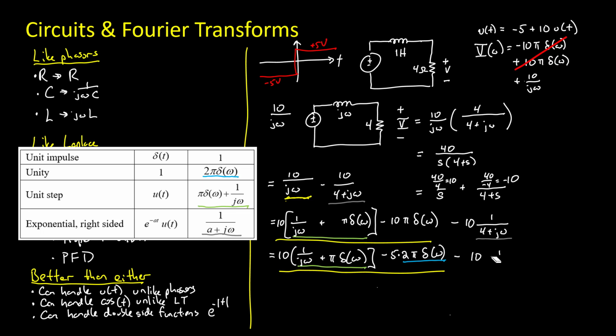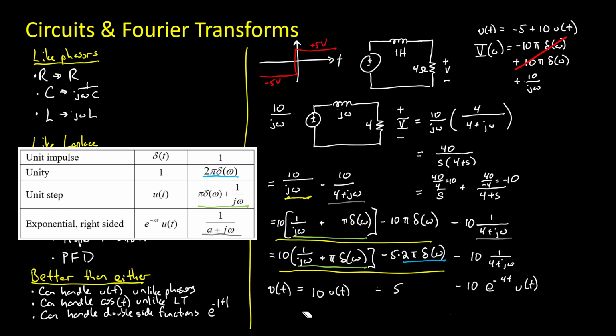So we're finally in a position to write our entire transform, which is v of t is equal to 10 times u of t minus 5, minus 10 times e to the minus 4t u of t.